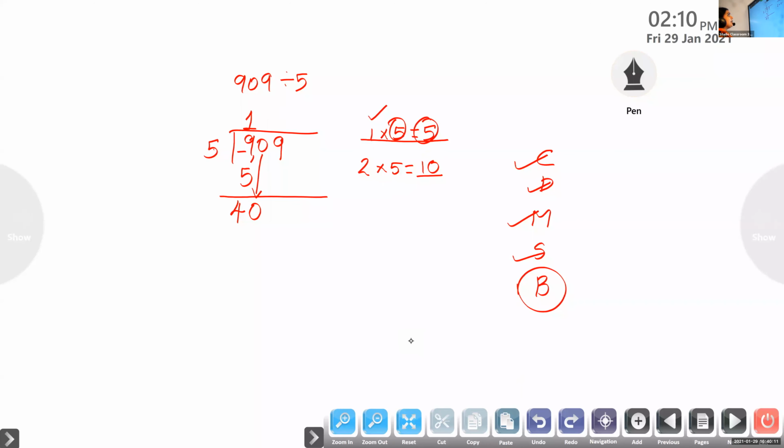So we can divide 40 by 5. Comparison over. To divide, what do you have to do, Fayan? To divide 40 by 5, what do you have to do?